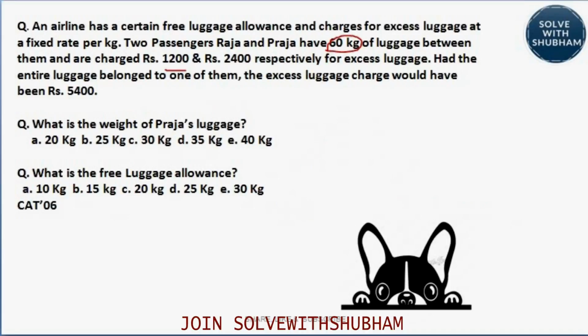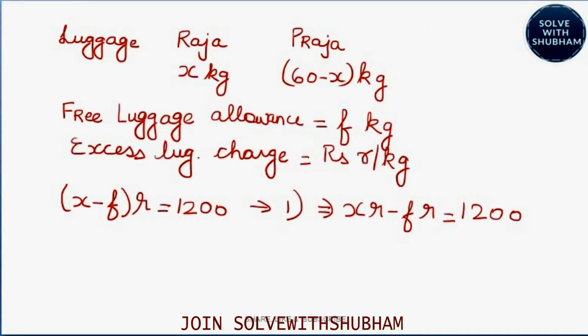Going back to the question, Praja has been charged 2400 for the excess luggage. Now, Praja is having 60 minus X kg. Out of that, free luggage allowance is F kg. So, Praja would be charged for 60 minus X minus F. The excess luggage charge is rupees R per kg.